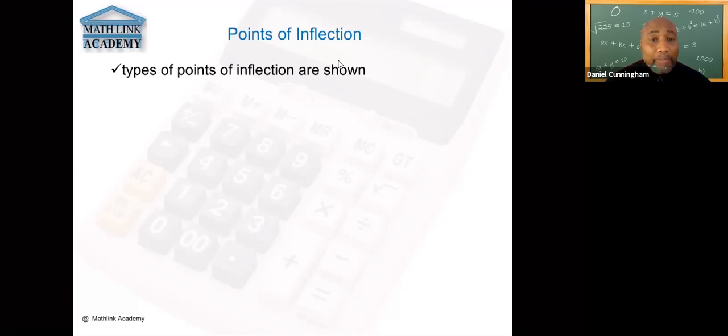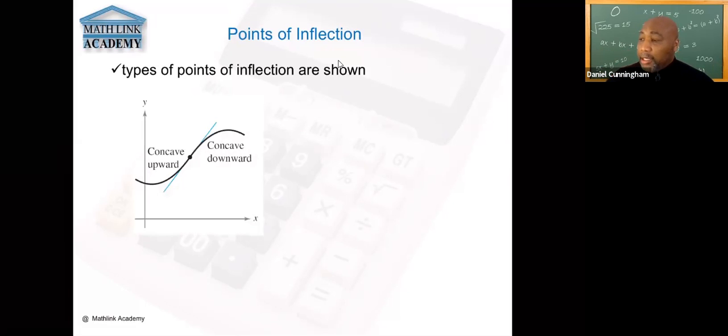So your slope will remain the same on both sides of the point, but the concavity would change. Again, I'm going to say it again. Your slope remains the same, but your concavity changed, and that gives you a point of inflection. Some points of inflection are very easy to see on graphs, others are not. That's why it's good to do it algebraically so you get the right answer.